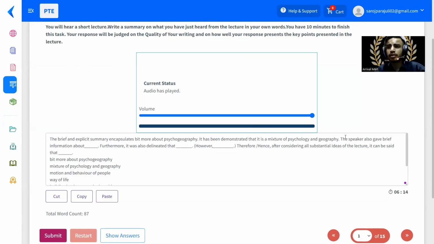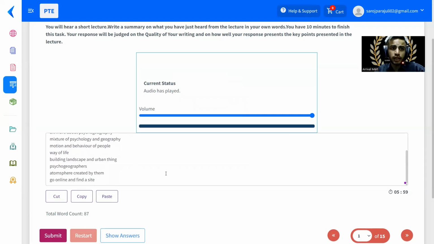The speaker also gave brief information about emotion and behavior of people. Okay. Furthermore, it was also delineated that building, atmosphere.